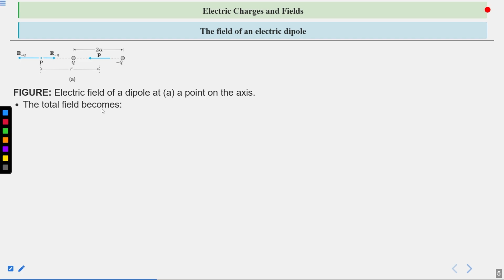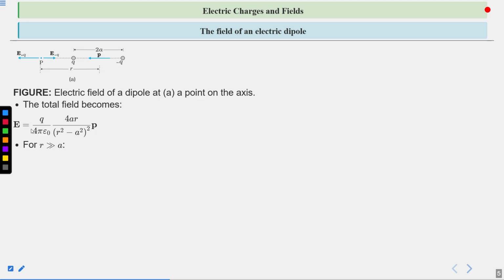So the total field becomes E is equal to 1 upon 4 pi epsilon naught, 4aR divided by (R square minus a square) whole square, P cap. This is the total electric field.